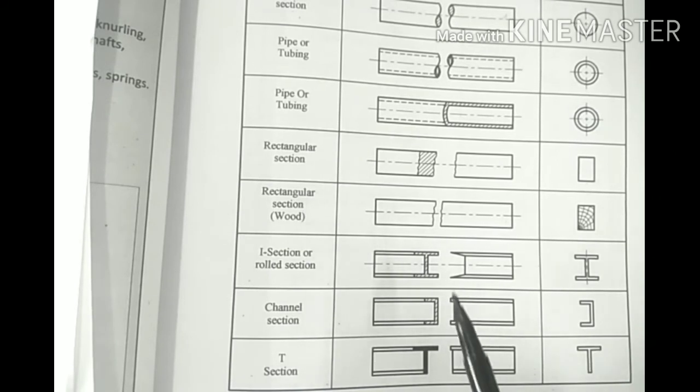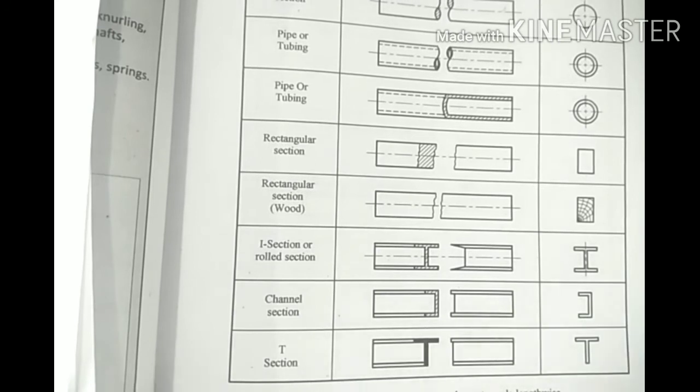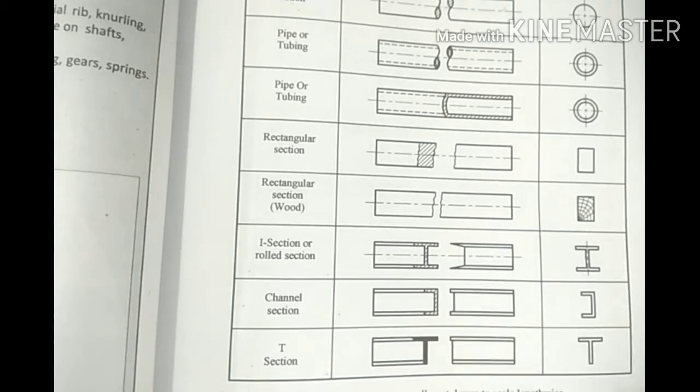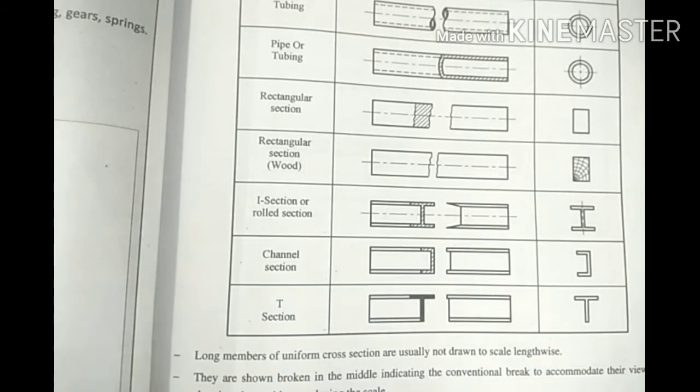So these are the conventional breaks of long members, which are not usually drawn to scale. Just a symbol is to be given which indicates either it is round bar, tube, rectangle bar, or I section, T section, or C section.